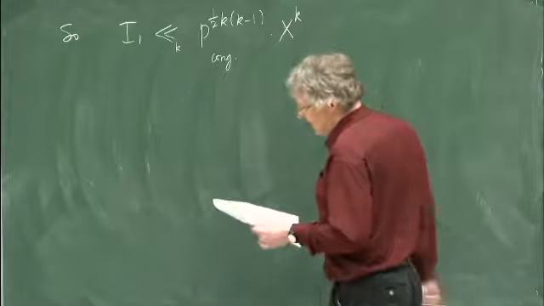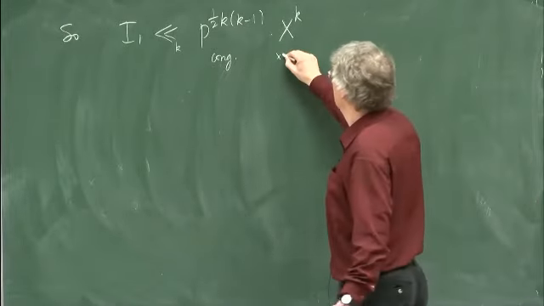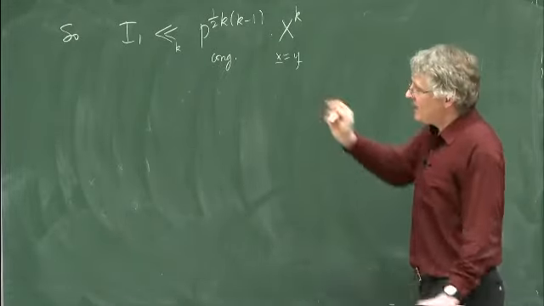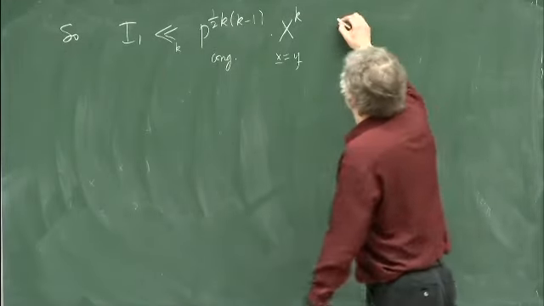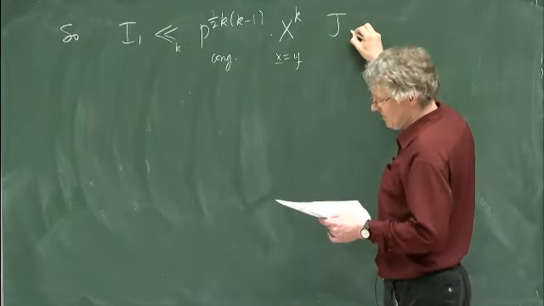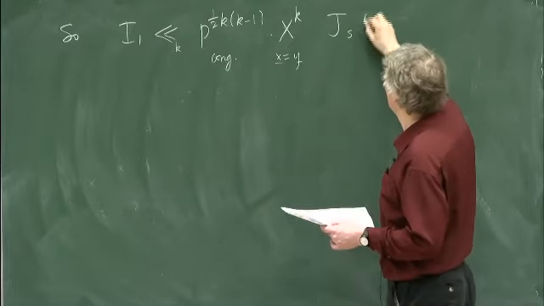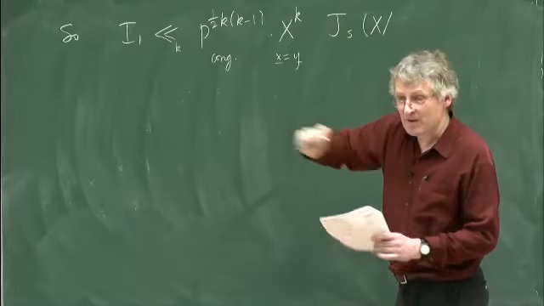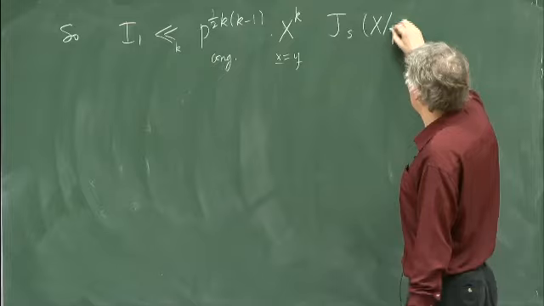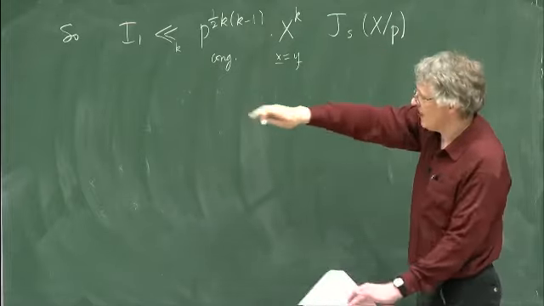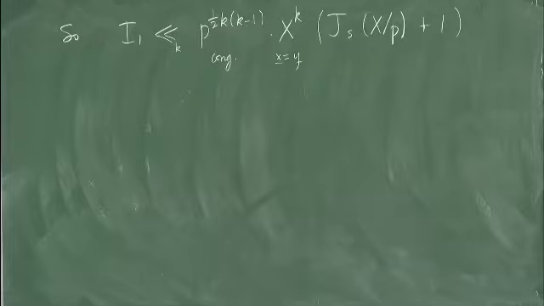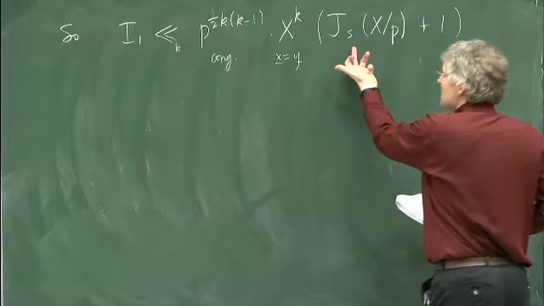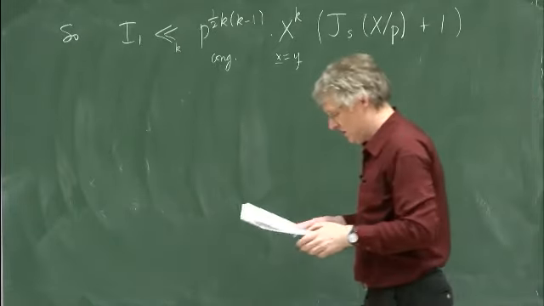So that's x to the k choices altogether. And now I have the number of solutions of this system of equations. That's the same as counting the number of solutions in the original system, but with s variables, except the range of the variables is only going up to x over p now. Really for boundary conditions I should add a plus 1 here, but nobody cares about that. That's essentially irrelevant.